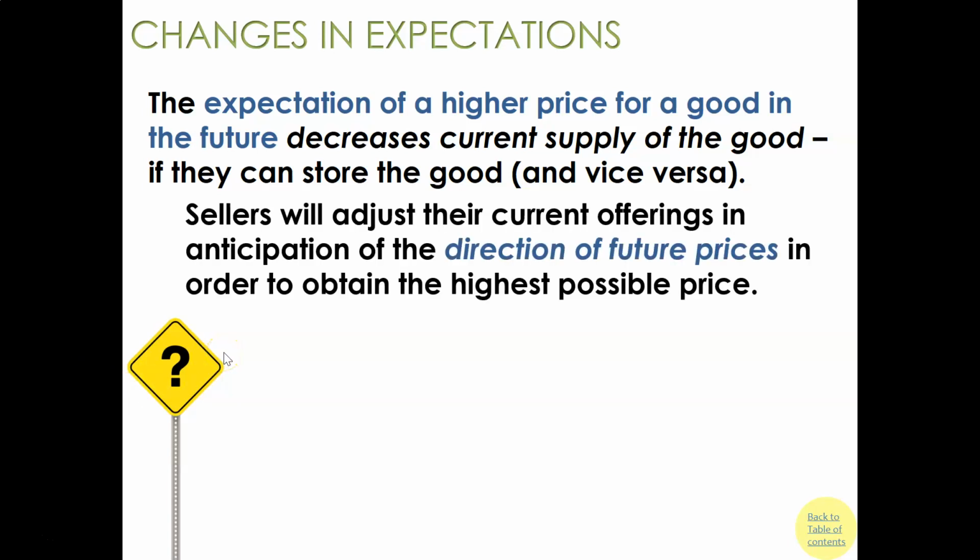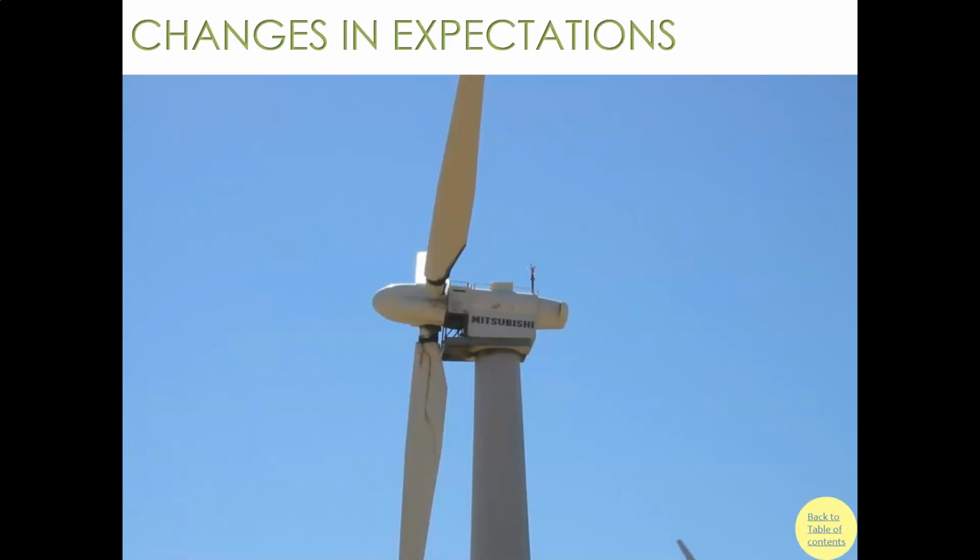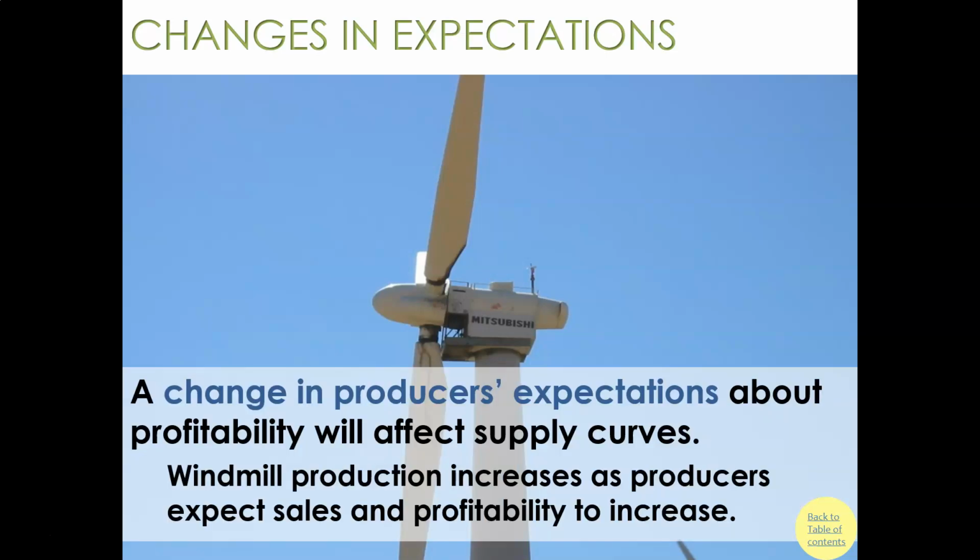And changes in expectations, for example, as producers expect sales and profitability to increase, then windmill production increases. Maybe that's because of some government program that's subsidizing the consumption of renewable energy, for example.